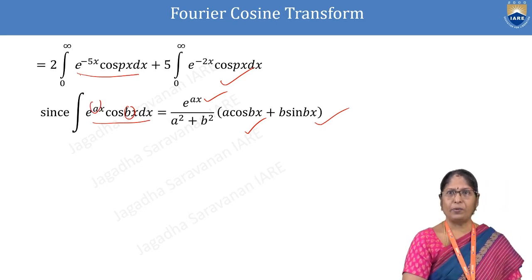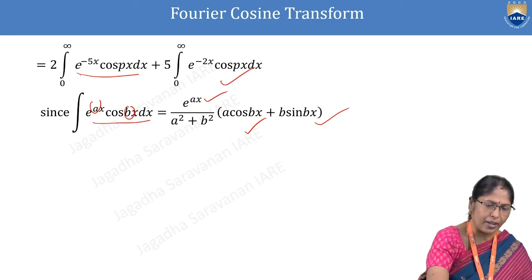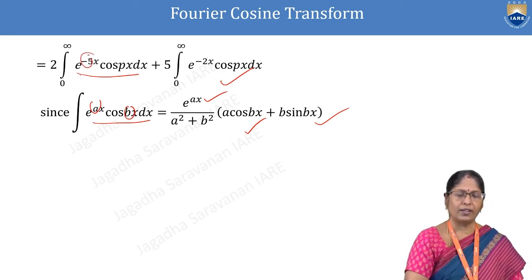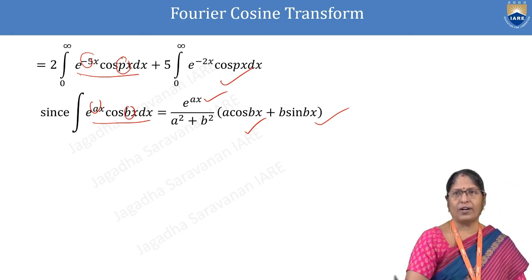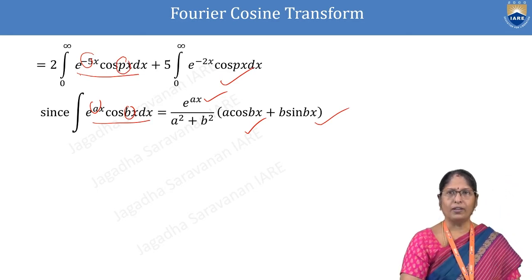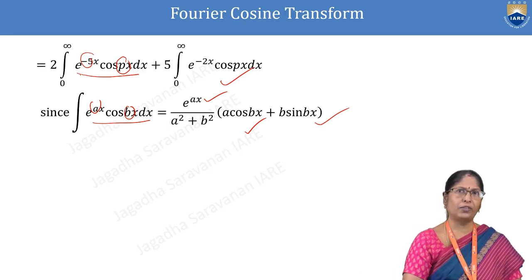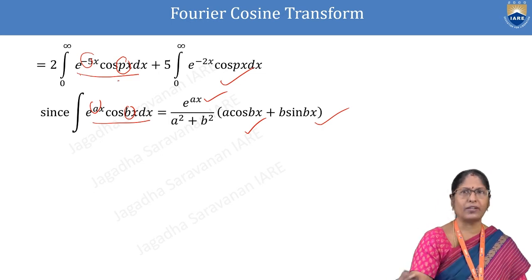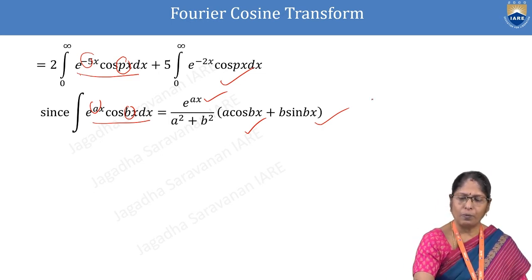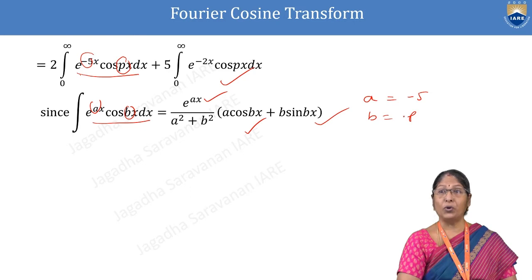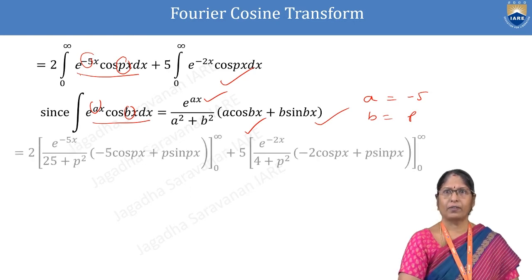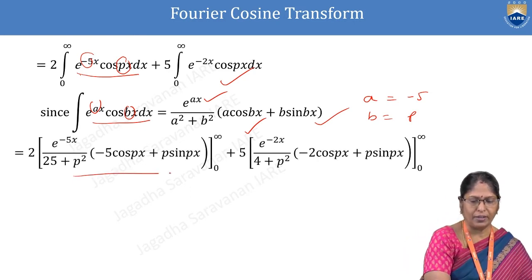But in our given problem, in the a place minus 5 is there, in the b place p is there. So our formula should be compared with our problem. We did the comparison and a equals minus 5, b equals p.